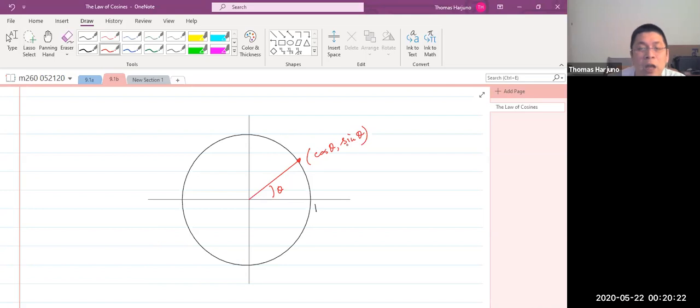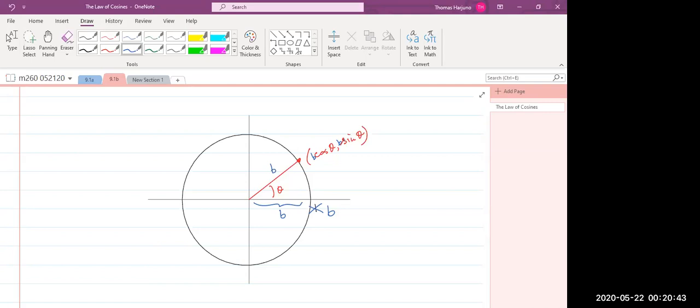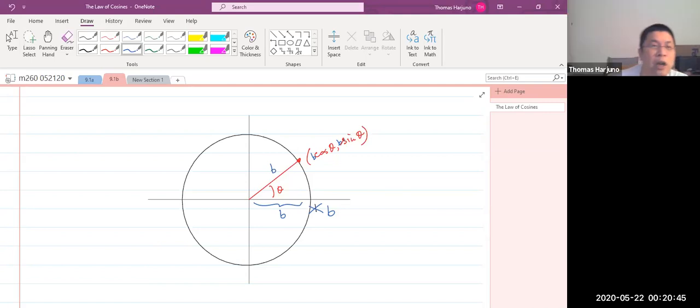Now what if I stretch this circle instead of a unit circle, and make it length b? So this is now b, this is b cosine theta, this is b sine theta. Basically you enlarge that circle. The key point is what happened to this coordinate.